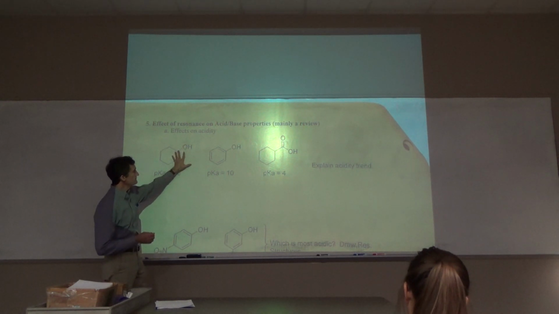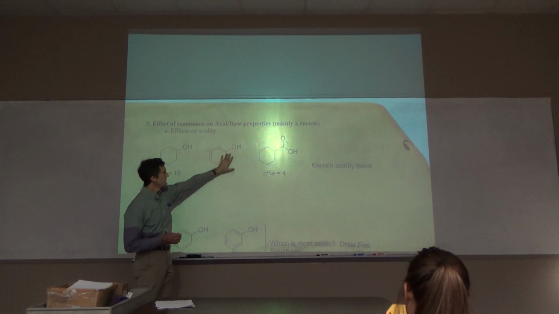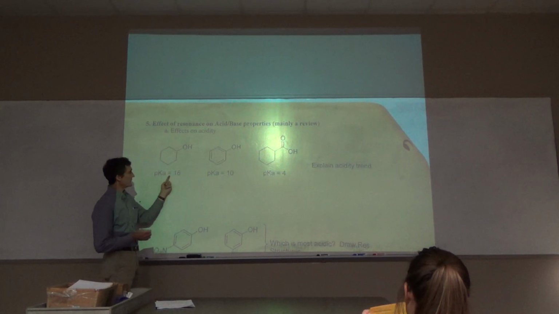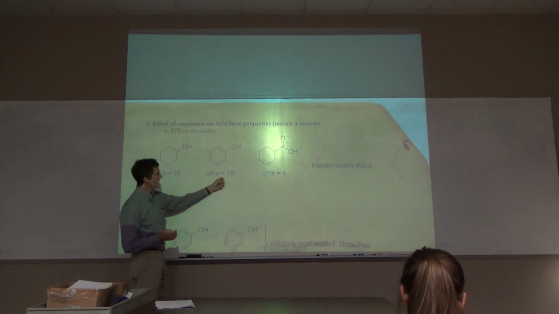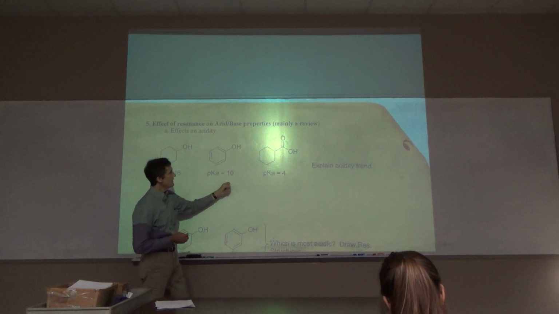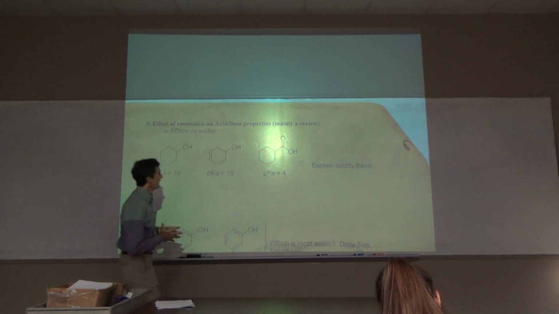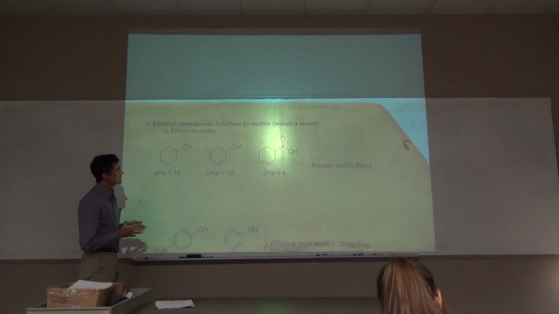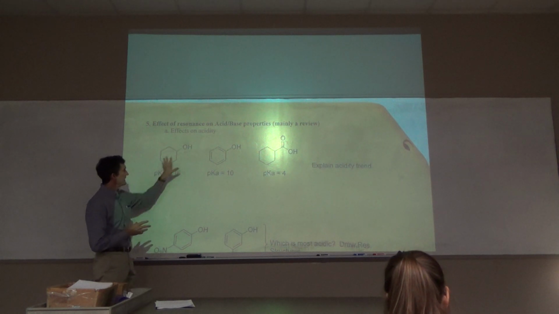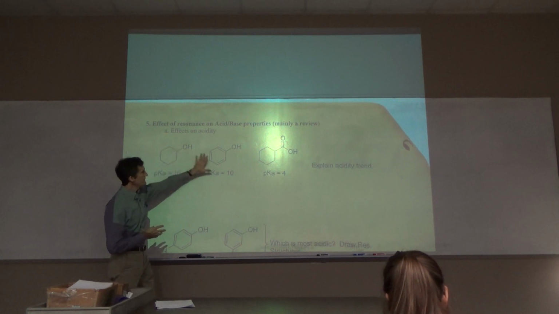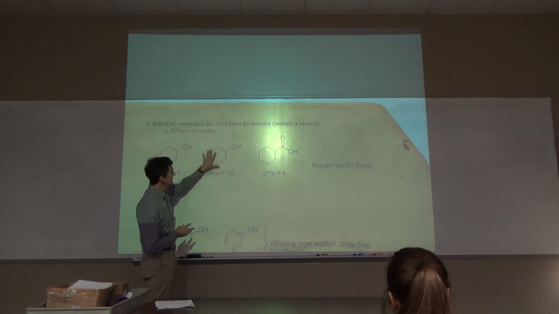Regular alcohol, a phenol. A phenol is much more acidic than a regular alcohol. A million times more acidic. But then a carboxylic acid. So you should understand this trend. The anion here is just a plain anion. This anion is resonance delocalized into the benzene ring.